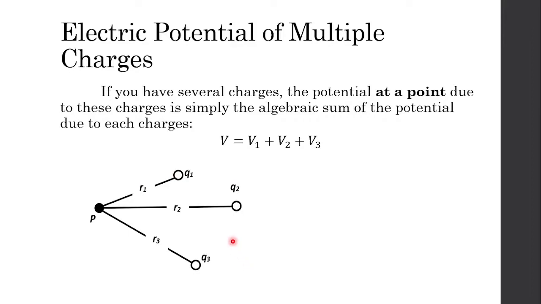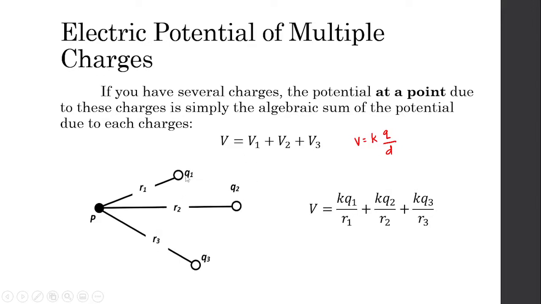Similar to this picture, where you have your Q1, Q2, and Q3 at varying distances to P: Q1 at distance R1 to P, Q2 at distance R2 to P, and Q3 at distance R3 to P. From the previous discussion in lesson 8, electric potential can be measured using the equation KQ divided by R. That means the electric potential of a charge at a certain point is the Coulomb's constant multiplied by the charge Q, divided by the distance to the point.